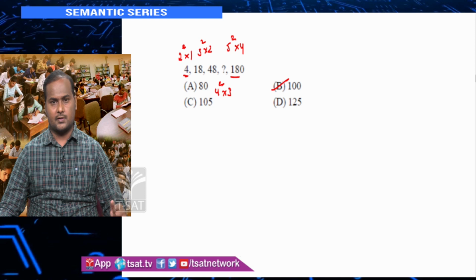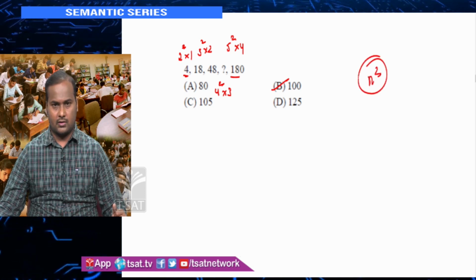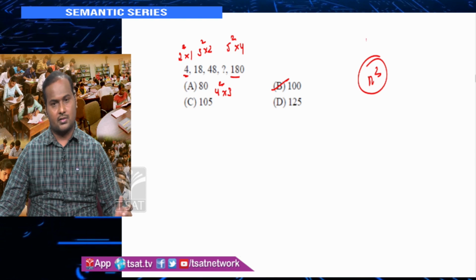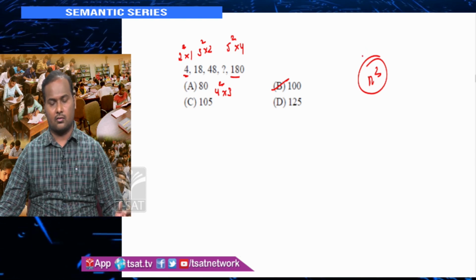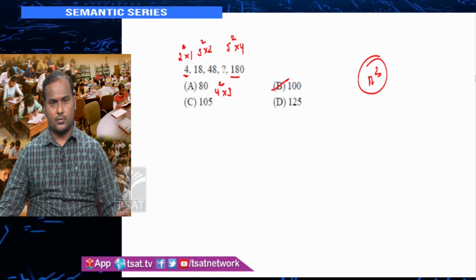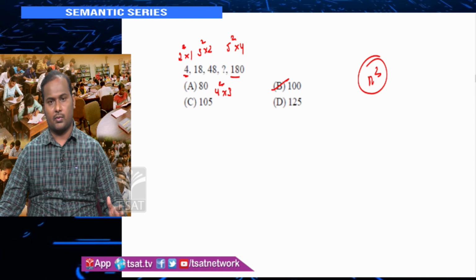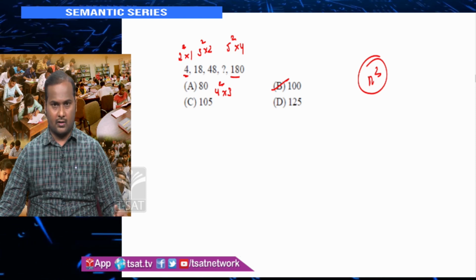Generally in the SSC, I said that the questions will be in the format of n squares, not only additions and subtractions, that is n square plus n or n square plus 2 or n square plus 3 or n square minus 1 or n square minus 2 or n square minus 3. Apart from this, n square plus n and n square minus n, I said.